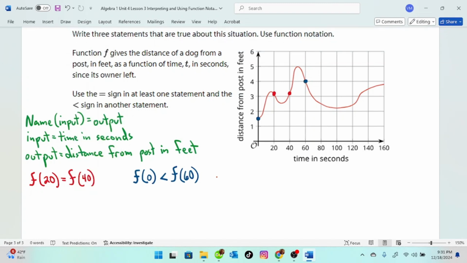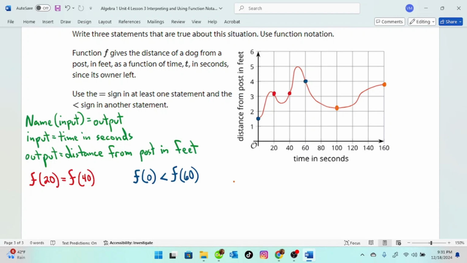And our last statement, I want to find one where I can use the greater than. So I'm going to look at this point when the time is 160 seconds, and I'm going to look at this point when time is 100 seconds.